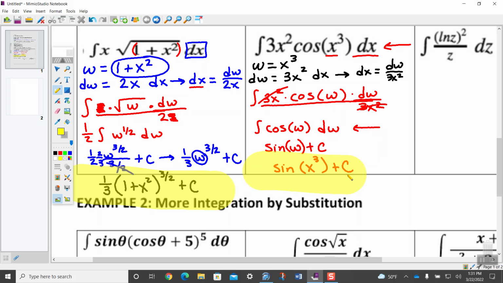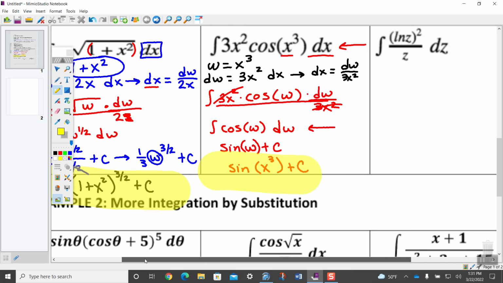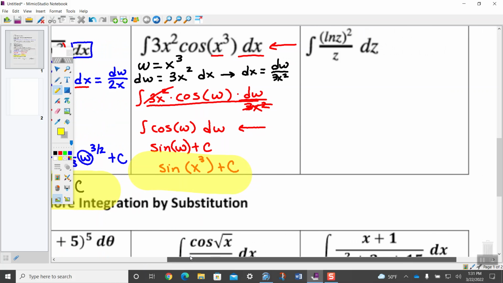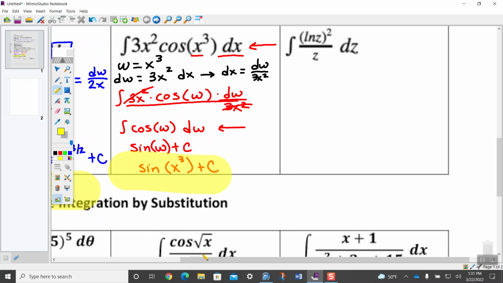You guys want to try one on your own, or you want me to walk you through another one? Let's walk through, okay? This next one right here. 99.9% of the time, if you ever see a natural log of z or a natural log of anything, that part's your w.